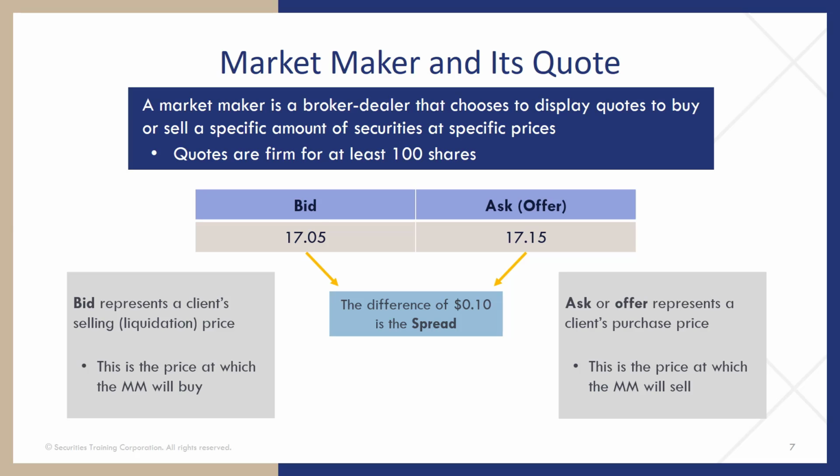The spread represents what the market maker would buy and sell from, and the firm might charge a higher or lower price. Now, consequently, if a brokerage firm was not a market maker and they bought from this market maker, let's say at $17.15, instead of being charged a markup or markdown, they will be charged a commission, adding to the $17.15 or subtracting from the $17.05.